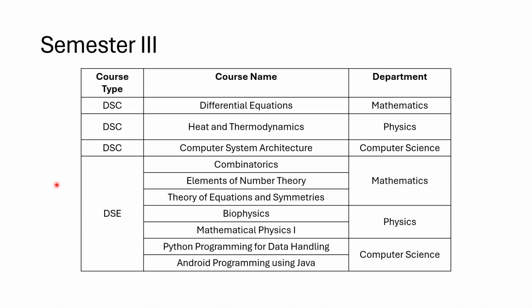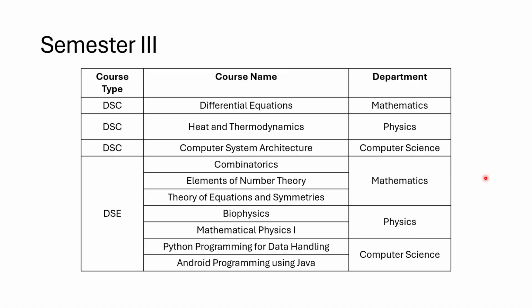In semester 3 now you have the DSE courses coming in. Now I will just tell you in brief. Now you have your DSE courses and you also have your generic elective courses which are called GE, right? Now as you can see, the DSE courses are floated from your departments only, the departments which are controlling your course.